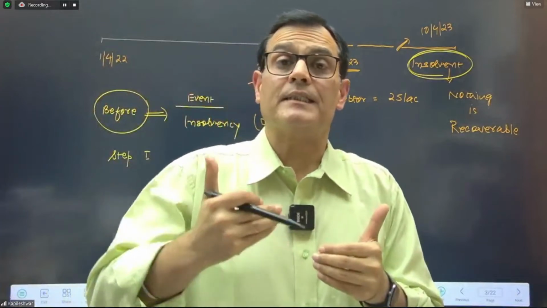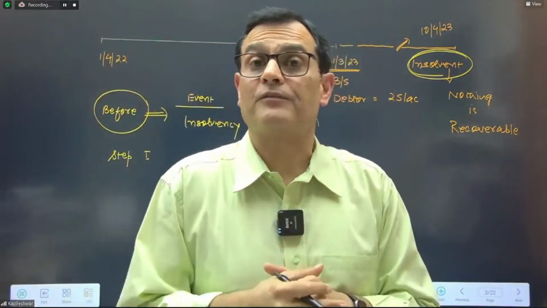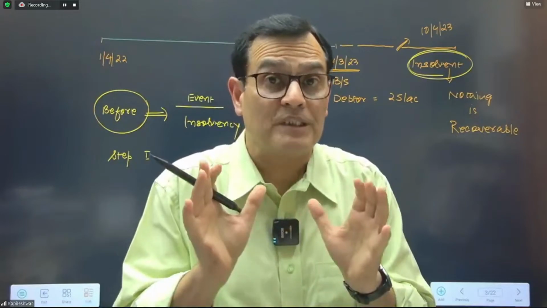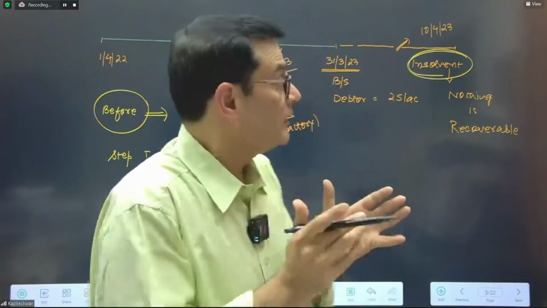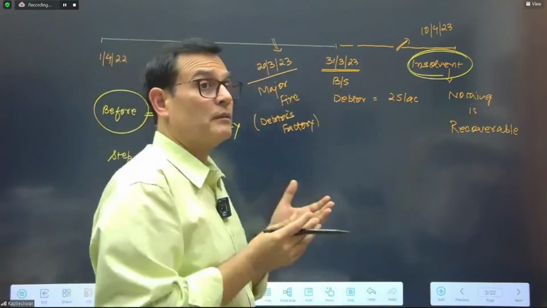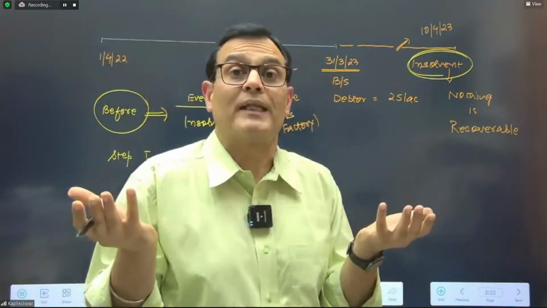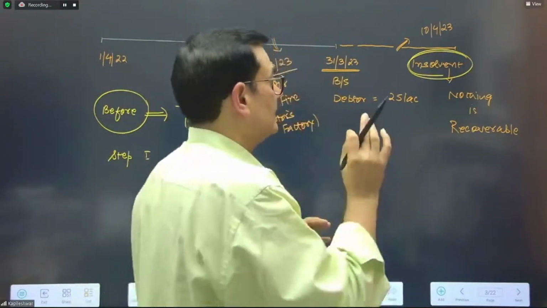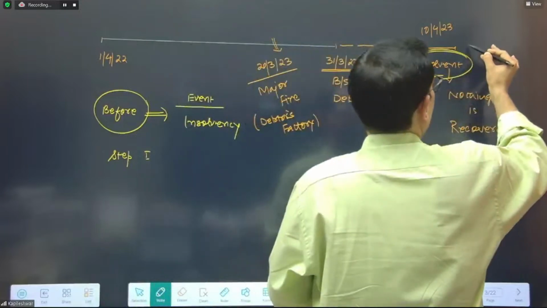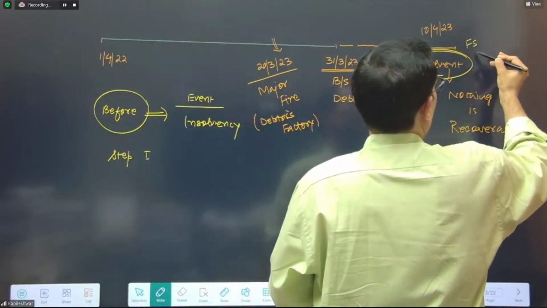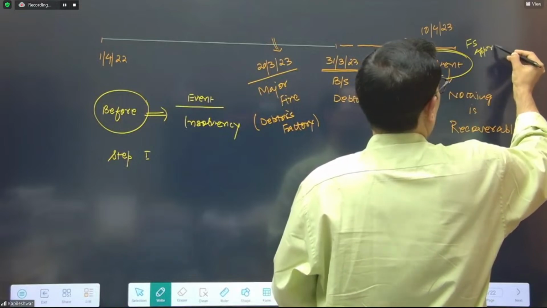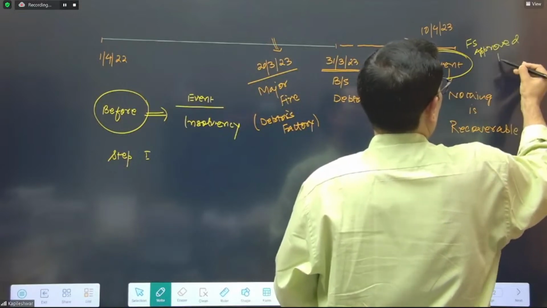The question arises, the event takes place after the reporting period, but there has to be some cutoff date. It is after 31st March, but it has to be before some date as well. So the standard says the cutoff date is the date when the financial statements are going to be approved by the board of directors.